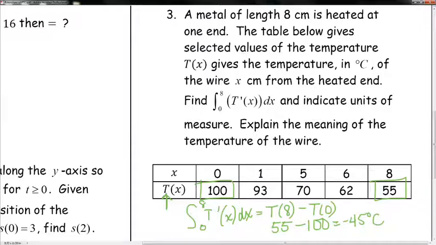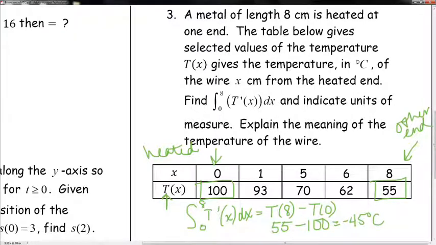And so let's answer in terms of the problem. We're talking about a metal wire of length 8 centimeters heated at one end. Well, at x equals 0, that's where it's currently being heated. This is the other end. And so we're talking about the wire cools. I know it cools because it's negative.